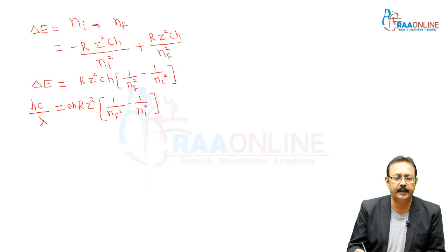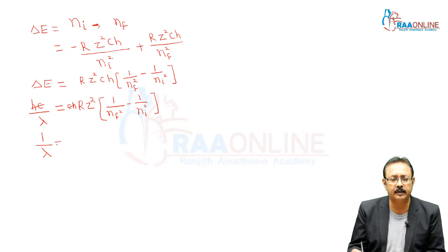Cancel CH with CH. We will get the wavelength from this transition, which should be equal to R Z square into 1 upon Nf square minus 1 upon Ni square.